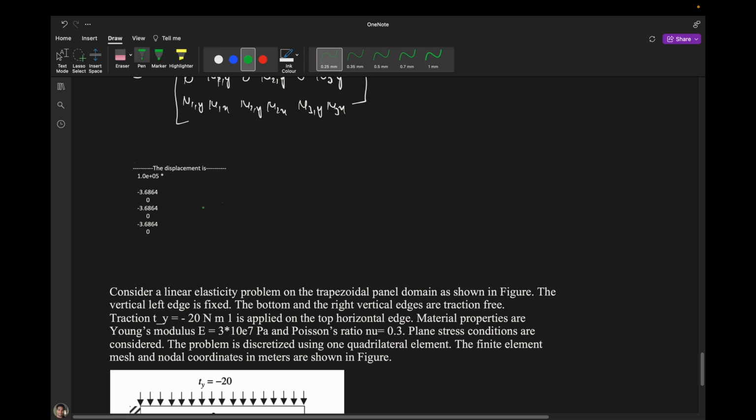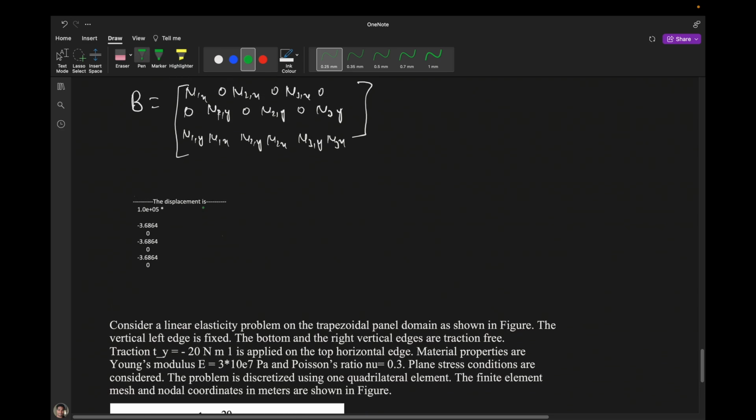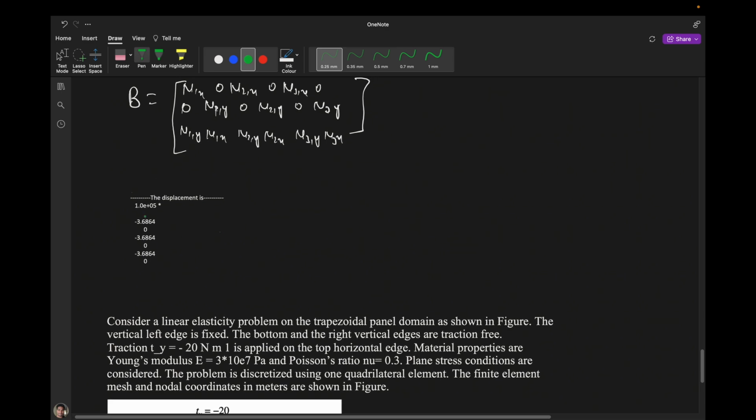This is the displacement we got, and this is u1, v1, u2, v2, u3 and v3.